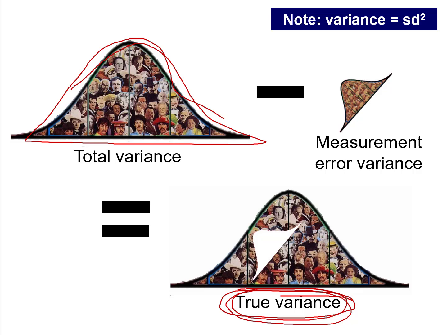But that's not the only reason that students will differ from each other. Another reason is measurement error variance. Measurement error variance is the differences I get between students that are not due to differences in true scores, but are due simply to measurement error. Because we know that with measurement error, if I assess a single person over and over again, each time I assess that person, I'm likely to get a slightly different score.